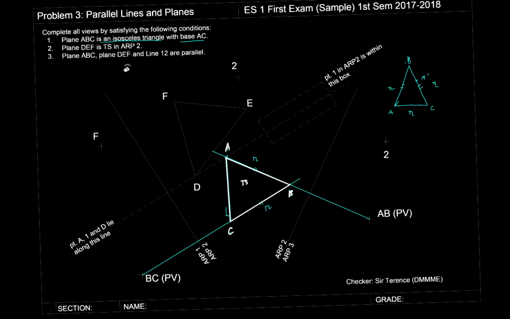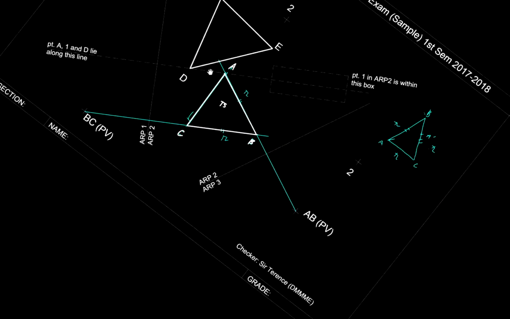So dapat if given naman pala si DEF, no? Itong si DEF, pwede natin i-project lang siya, no? So if I connect this projection, sorry, tama. And let's do parallel projection lines ulit.